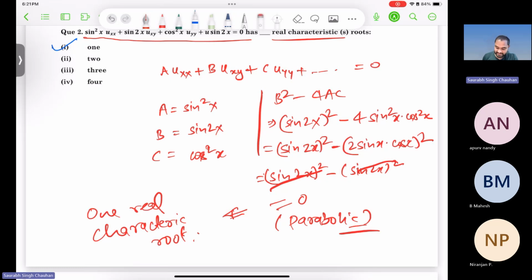One analogy you can make here is that this is a parabola, and it has one opening. So this means there will be only one characteristic curve, and the information will travel along that characteristic curve. For an ellipse, there is no real characteristic open line; it is closed.